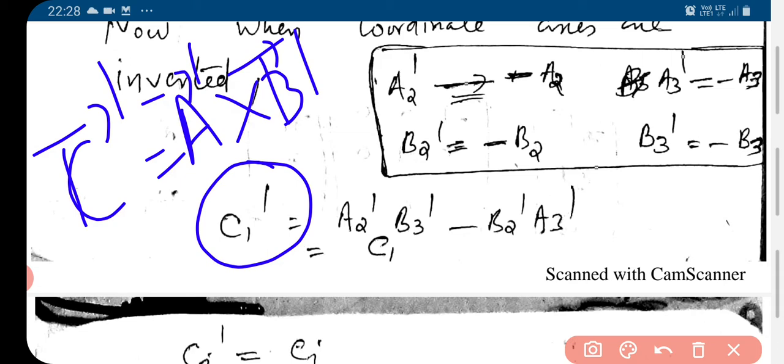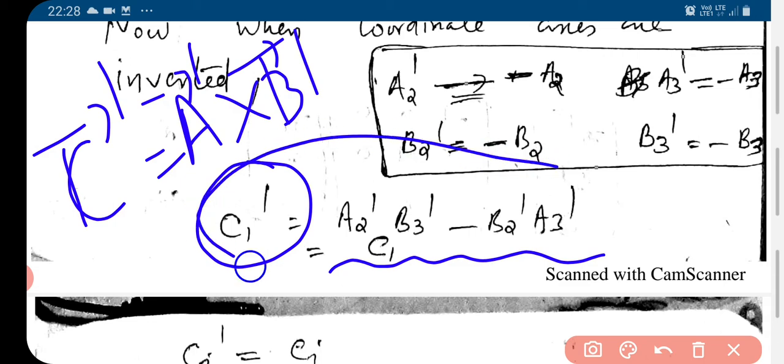So C1 prime will be A2 prime B3 prime minus B2 prime A3 prime.